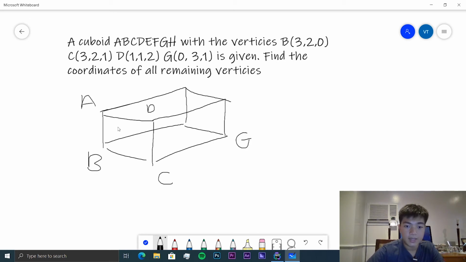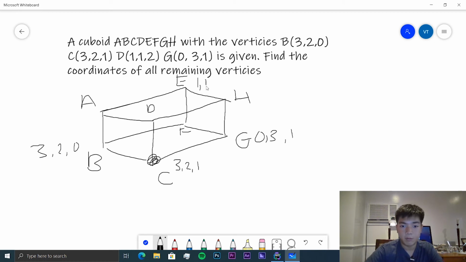So this is A, B, C, D, E, F, G, H. And we actually can find this using unit vectors. So if this is (3, 2, 1), this is (0, 3, 1), this is (3, 2, 0), and this is (1, 1, 2).